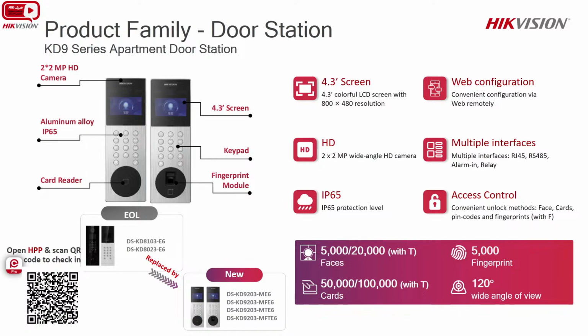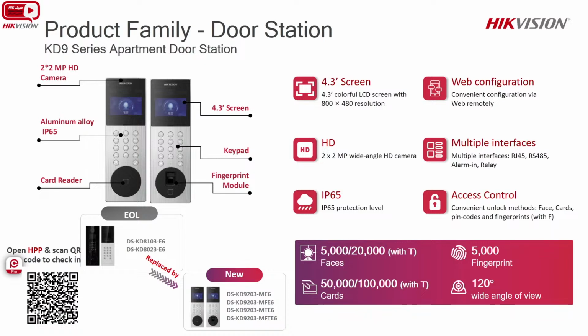The design includes 2 megapixel high definition cameras. There are 2 cameras, left side and right side, built with aluminum alloy material if you choose the -M version. For the card readers and fingerprint modules, you can make the selection according to the names. By the names, if it has an F, that means supporting fingerprints.